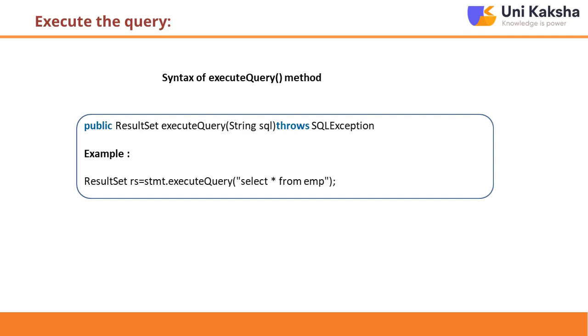This method returns the object of ResultSet that can be used to get all records of the table. In the example, I have written a query, that is select * from EMP. Now, EMP is the name of the table and select * from indicates that you are going to select all records from the EMP table by using the ResultSet object.